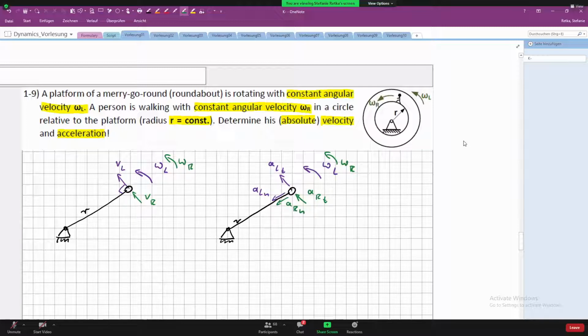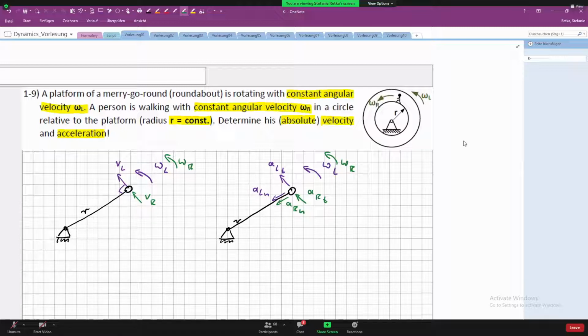Now, our leading motion is a circular motion. So we do have to think about the Coriolis acceleration. We have to include the Coriolis acceleration in our figure. So how do we find the direction of the Coriolis acceleration? We use the right-hand rule. Again, similar to statics, to engineering mechanics 1. So use your right hand.